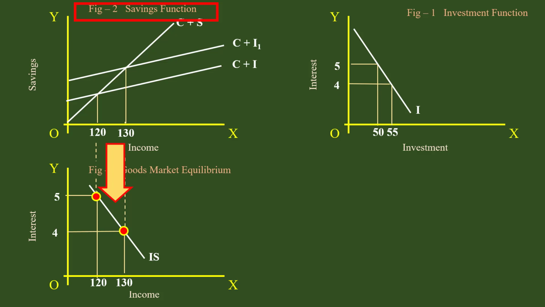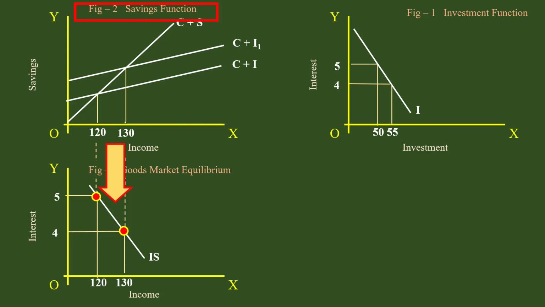Fall in the interest increases investment. Increase in investment shifts the aggregate demand curve upward. Increase in aggregate demand increases the income. Thus, higher income is associated with lower interest. The reverse is equally true.